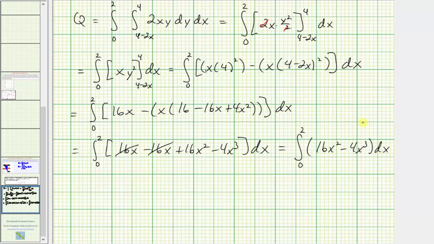And now we integrate with respect to x. So we'll have 16 times x to the third divided by 3 minus 4 times x to the fourth divided by 4. Let's go ahead and simplify this. We have 16 thirds x cubed minus x to the fourth.